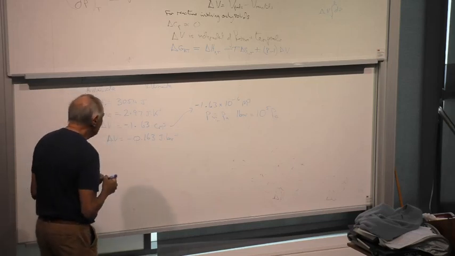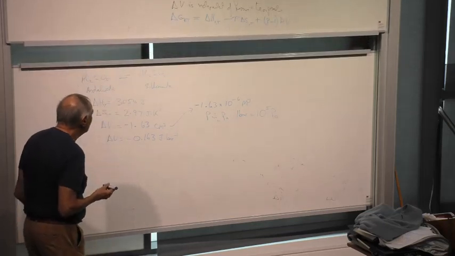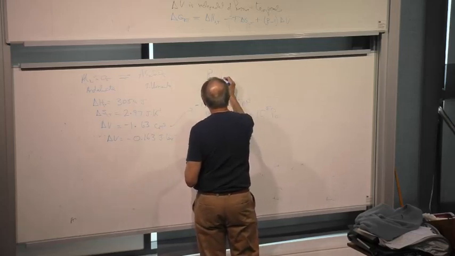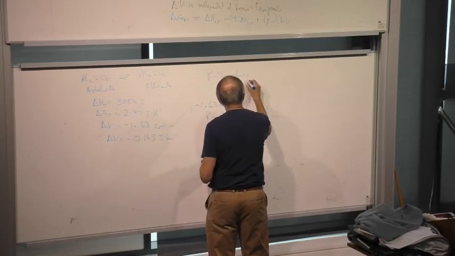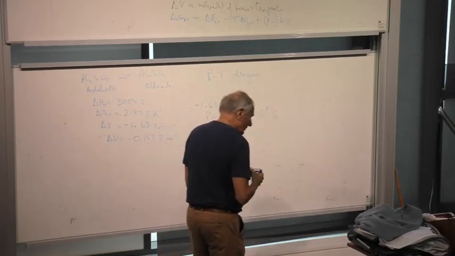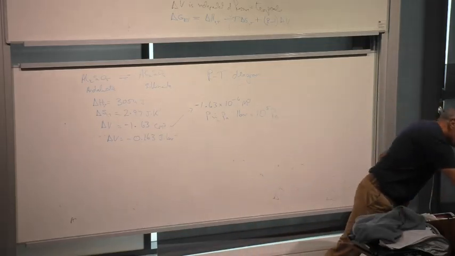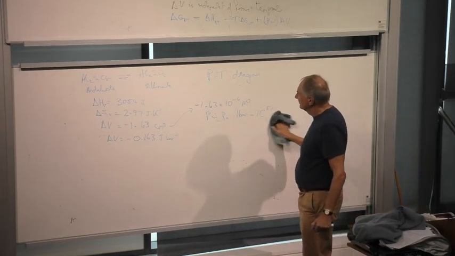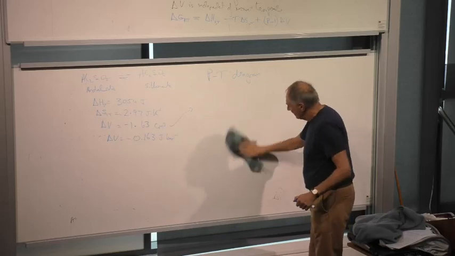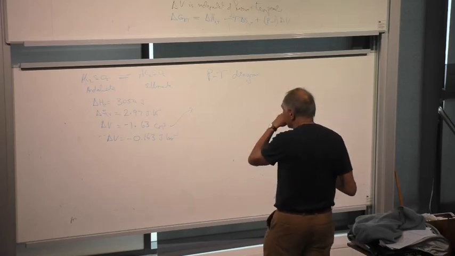So the question is, what does this line look like on a PT diagram? Okay, so we want a PT diagram. How do we find the conditions of equilibrium?